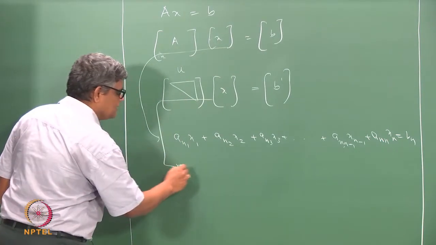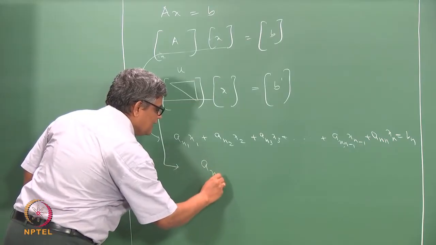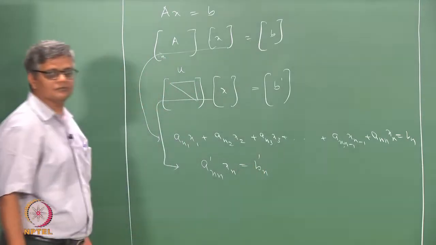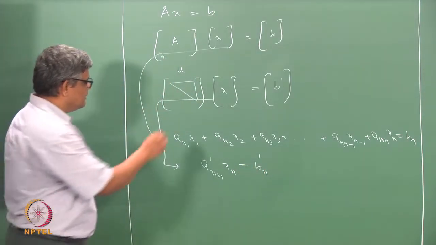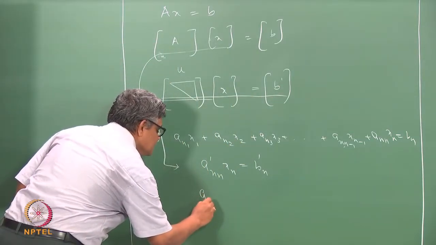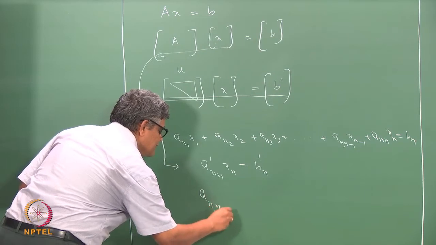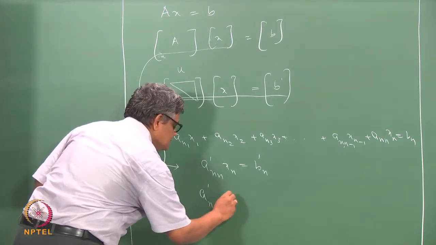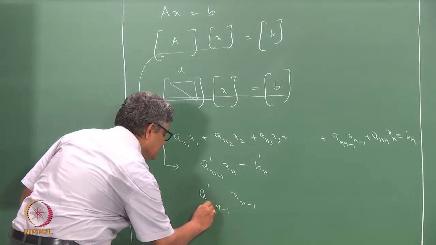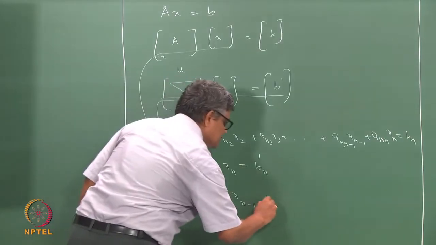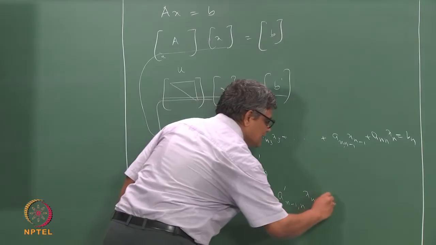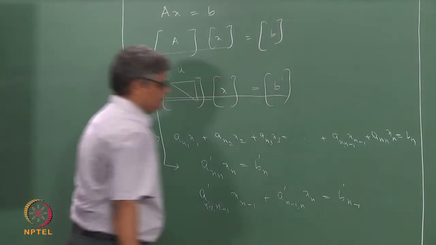The last equation is written as a nn prime x n equal to b n prime. And the one which is just above this equation is written as a n minus 1 n minus 1 prime x n minus 1 plus a n minus 1 n prime x n equal to b n minus 1 prime.